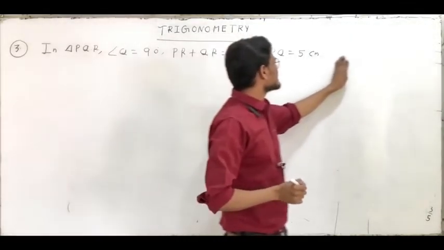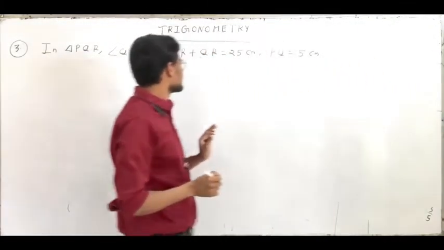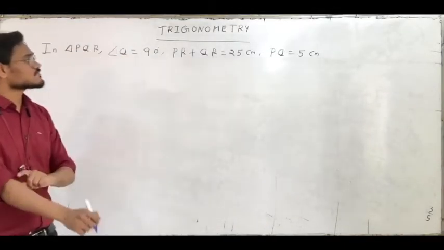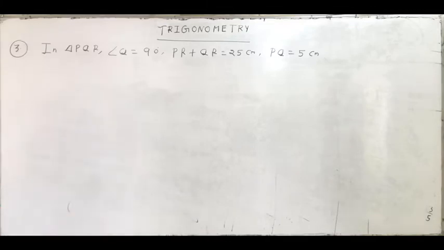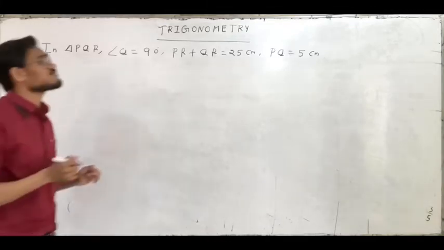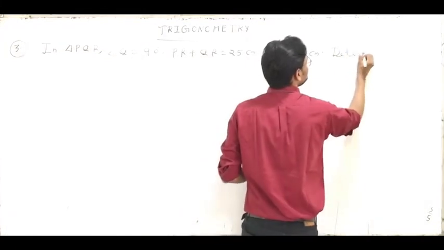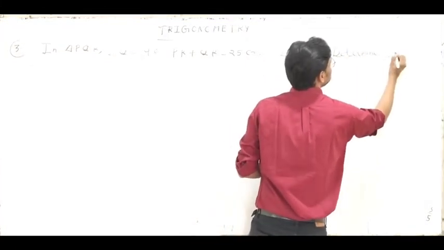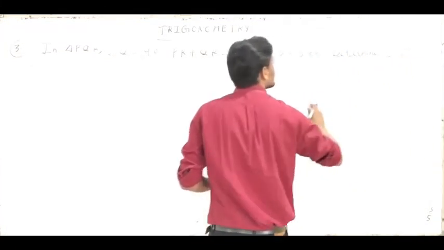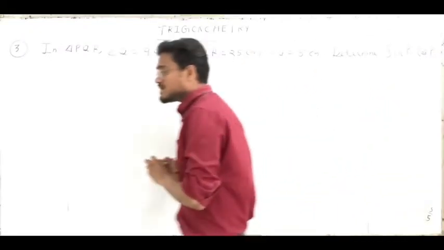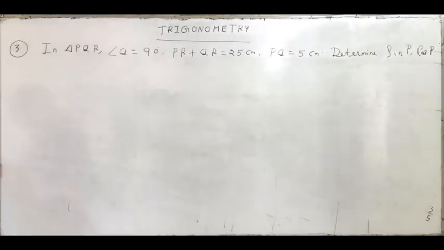Many times they ask about this particular question. See, PR plus QR is 25 and PQ is 5 centimeters. Now we have to find the values of sin P, cos P and tan P.